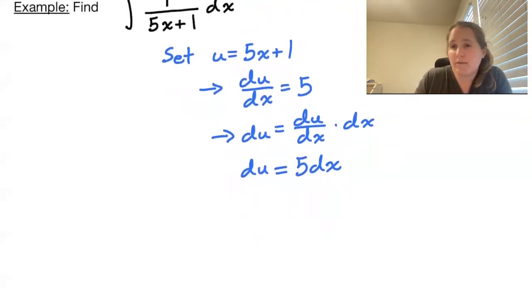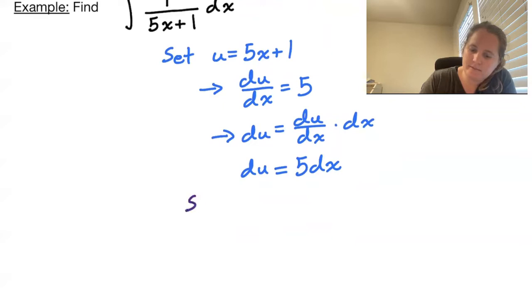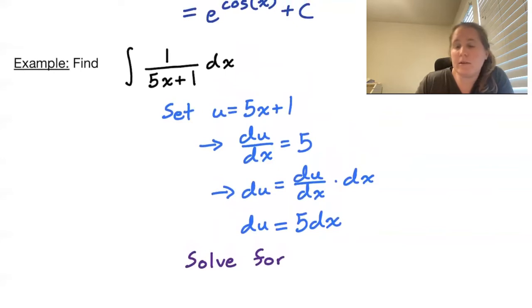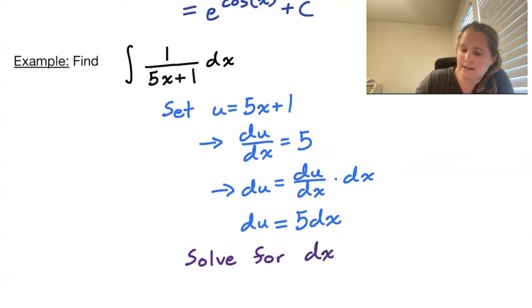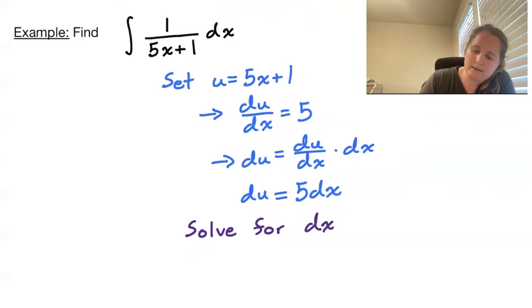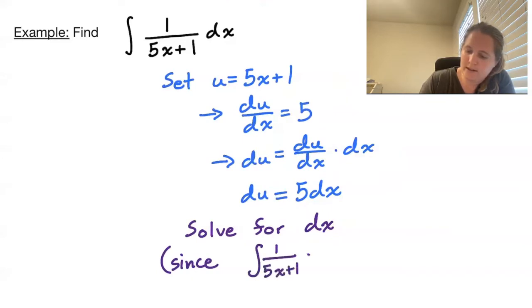Since du equals 5 dx, we can solve instead for dx. The reason I'm doing this is because our original integral, the integral of 1 over 5x plus 1 dx, has no 5 dx in it.